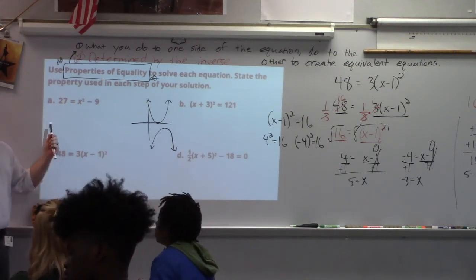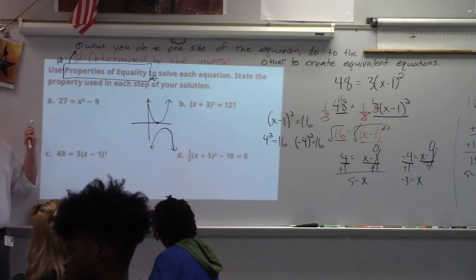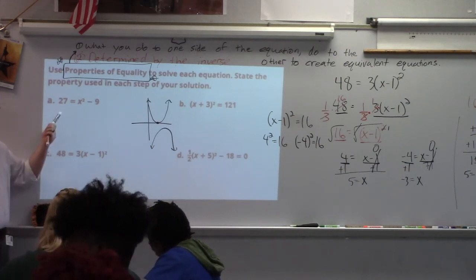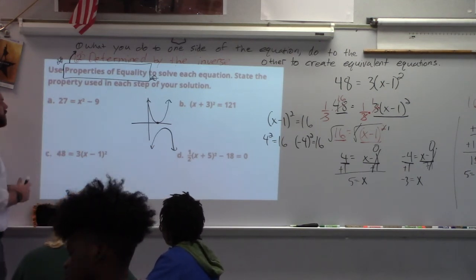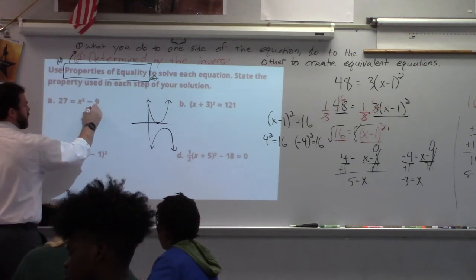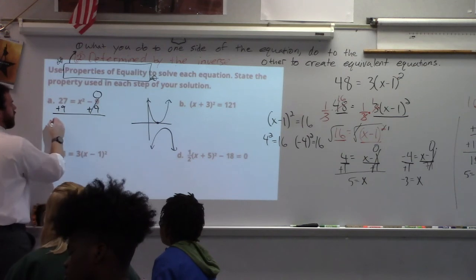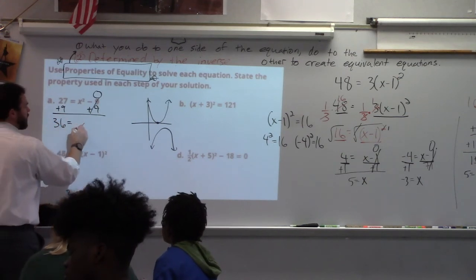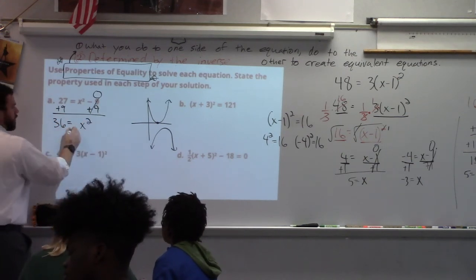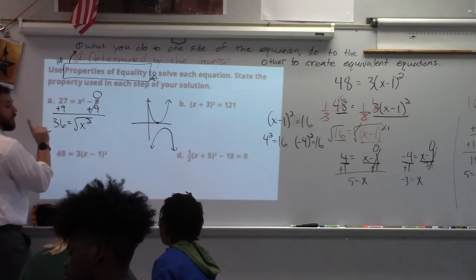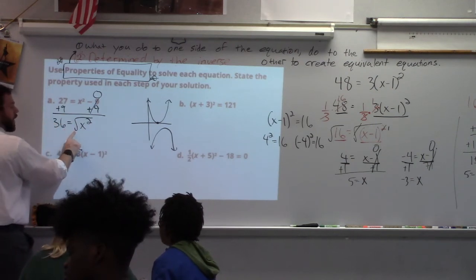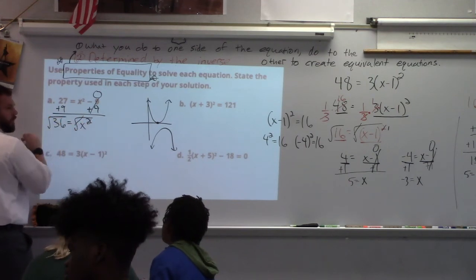All right, so let's algebraically look at how we can get 6 and negative 6. So what would I do to solve this equation? Use that inverse, add 9, creating a 0. So then 36 is equal to x squared. Square root 36. Be careful, this is the whole point. I'm square rooting the square, but I have to use a property of equality.